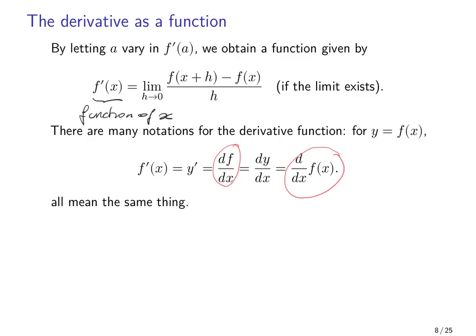These both mean take the derivative of f with respect to x. If you write your graph as y equal to f of x, then you can also write your derivative as y prime or as dy dx. These 5 notations all mean the same thing: take the derivative of the function with respect to x.